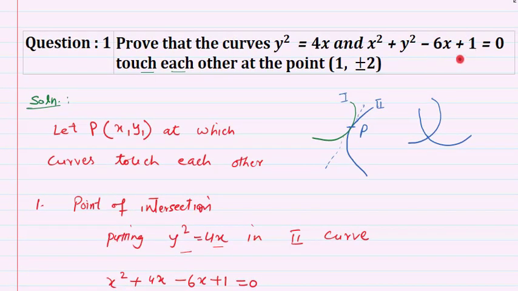So I hope you understood that first of all we calculate the point of intersection, that we got 1 and plus minus 2, and later on we proved that at these 2 points the slope of the tangent remains the same for the two curves, which shows the result that the curves touch each other.